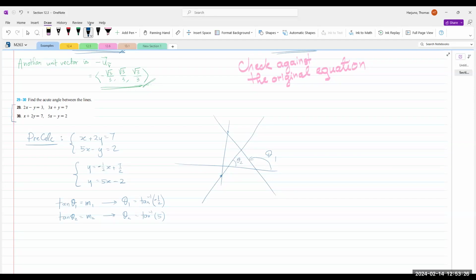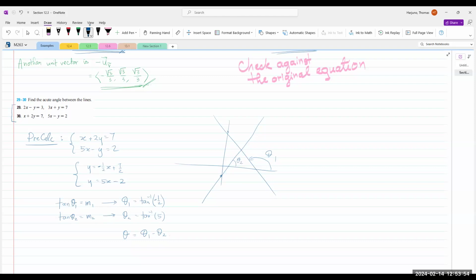Now, the angle theta that we are looking for is basically theta 1 minus theta 2. You can also do theta 2 minus theta 1, whichever gives you the positive angle. But from our sketch, you see that theta 1 is larger.